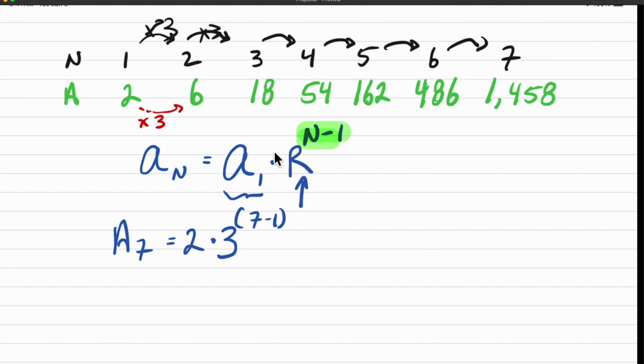That's how many times we're going to multiply the initial amount by 3, which is our r value. So how do you get 6 steps without counting on your fingers? You do the end n position minus the initial, the start. We're starting at 1, we're ending at 7. 7 minus 1 is 6, and we're going to have 2 times 3 to the 6, and indeed that is 1458.